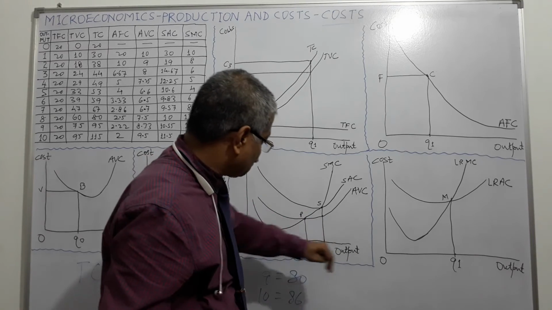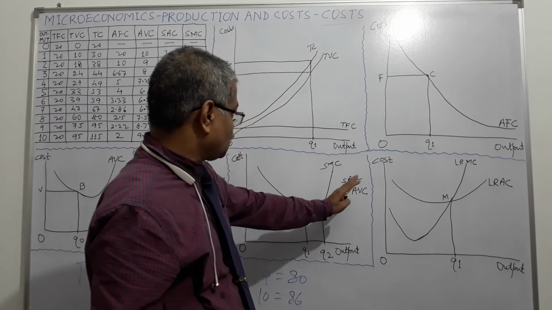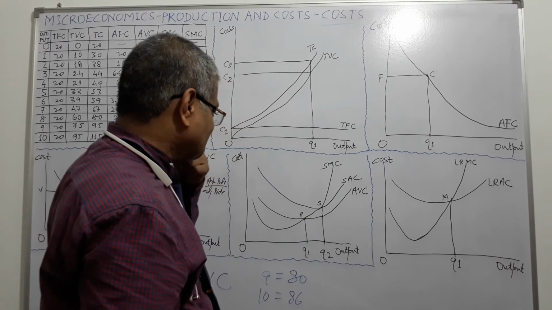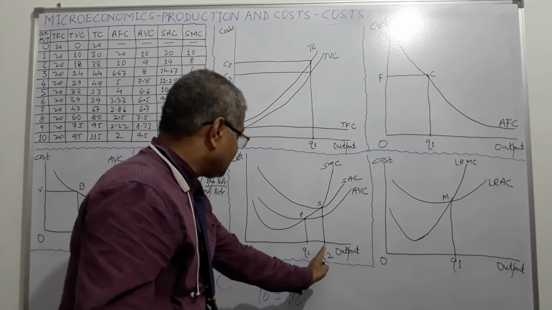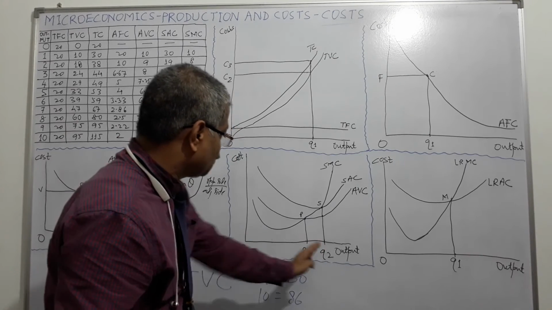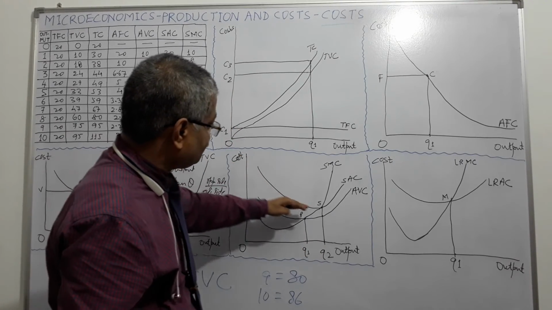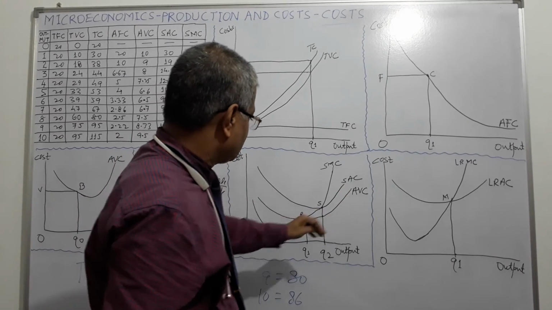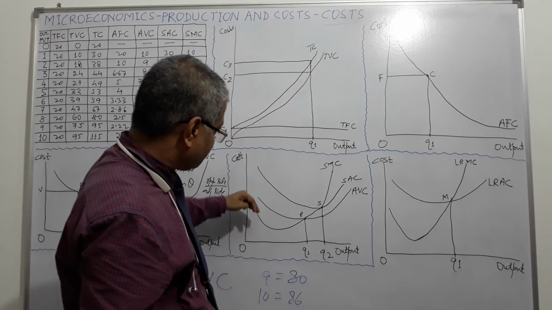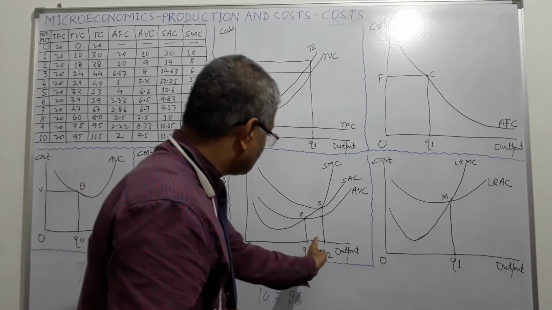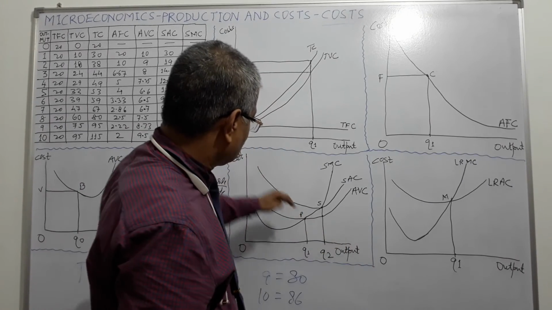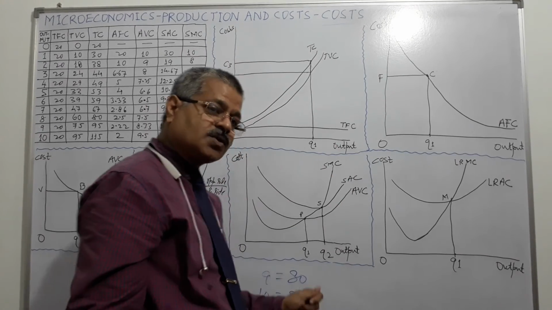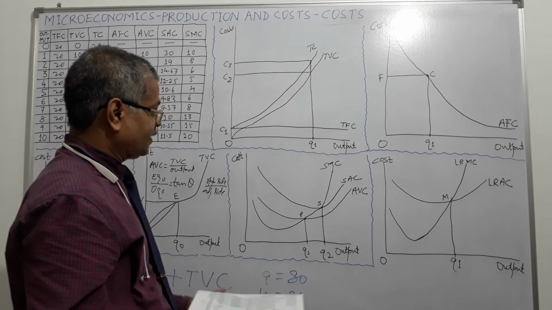To the right of Q2, average variable cost is going up and marginal cost is above that, right? To the left of Q2, short run average cost is this one, is declining and marginal cost is below that. To the right of Q2, short run average cost is going up and short run marginal cost is above that, right?